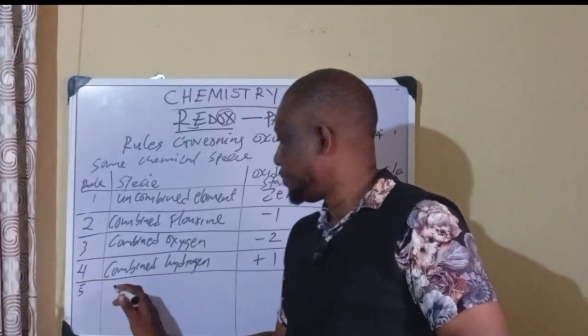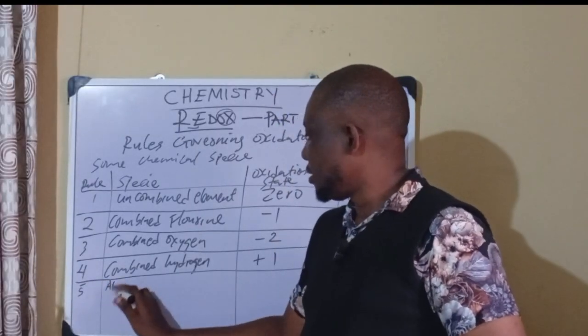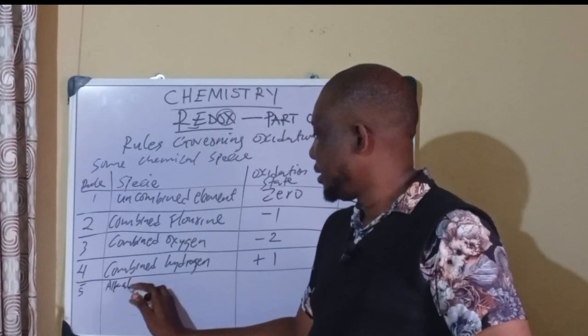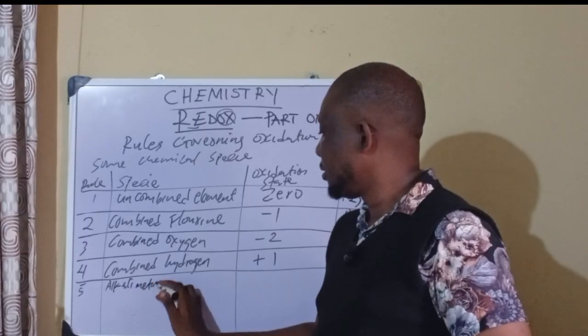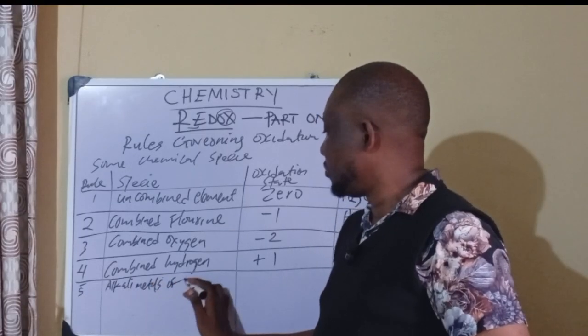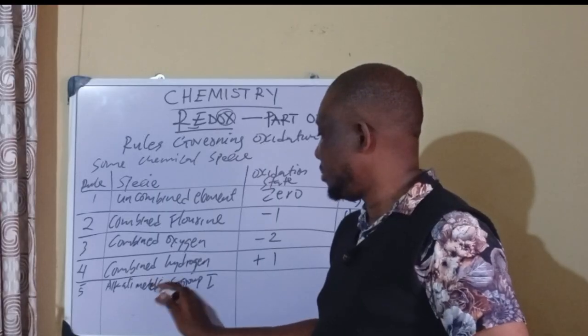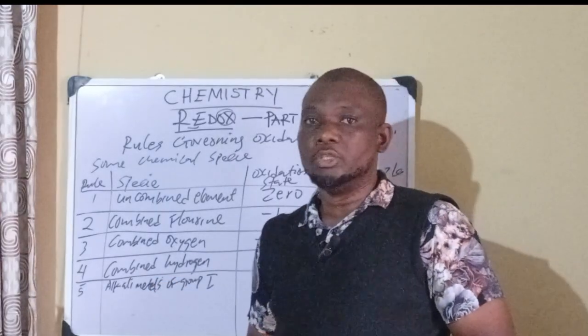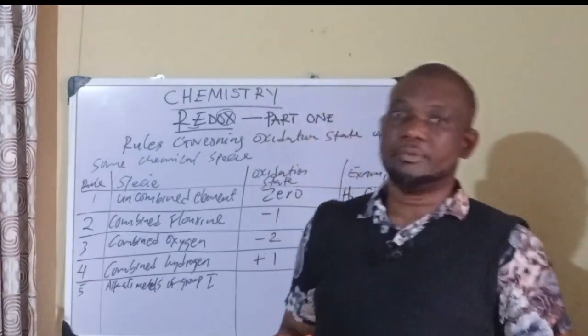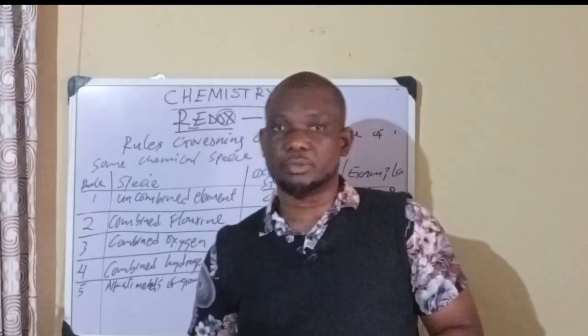So rule number 5, we have a rule for alkali metals of group 1. All the group 1 elements are called alkali metals for the fact that their valence shell electron is just 1.